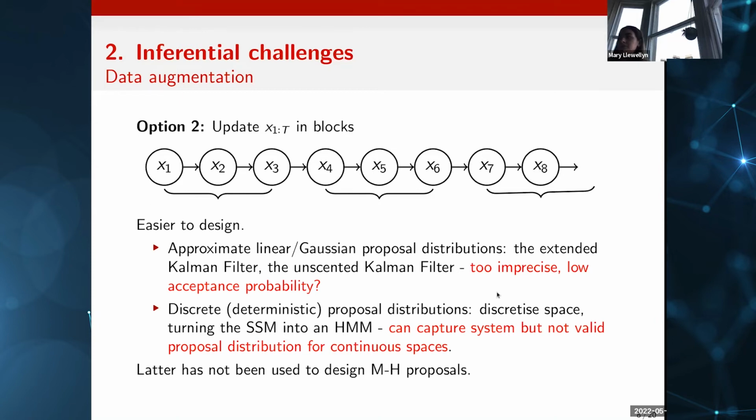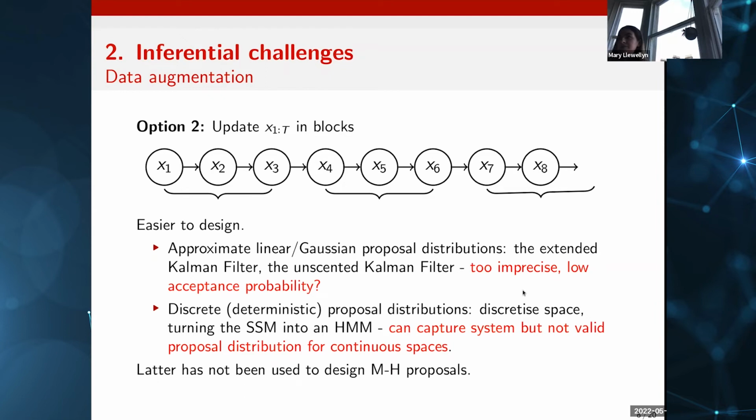But in general, for general state-space models, using proposal distributions that rely on these linear or Gaussian assumptions can be a bit problematic, because often you have state-space models that aren't well approximated by the linear Gaussian system.